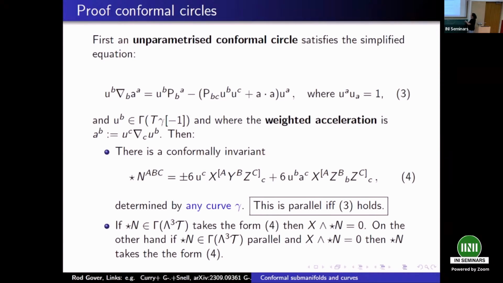In the other direction, suppose you just have a parallel 3 tractor and X wedge that's 0, then actually the parallel thing has to look like that. And that's easy because you just start differentiating this thing along the curve. It turns this X into what's called sometimes the velocity tractor. You differentiate again. It turns into a thing called the acceleration tractor. And then you put that information together and you see that that's what you've got.